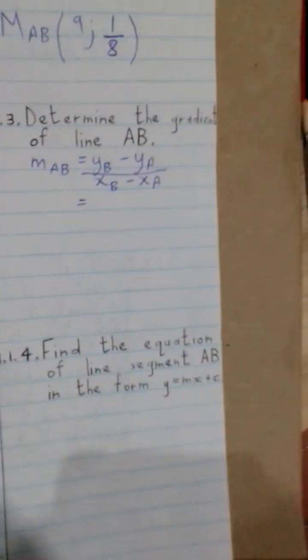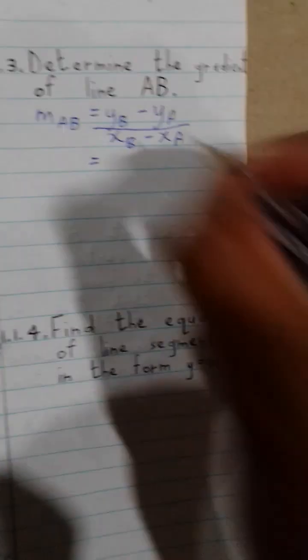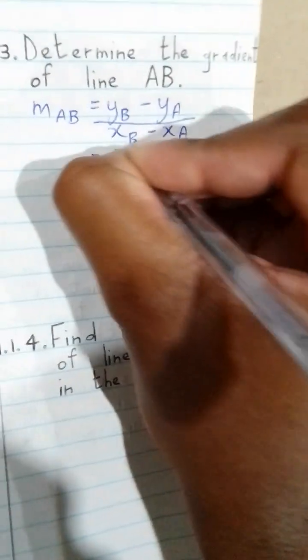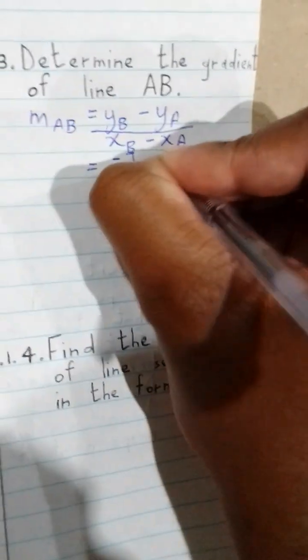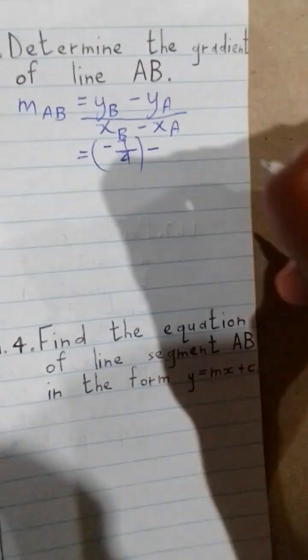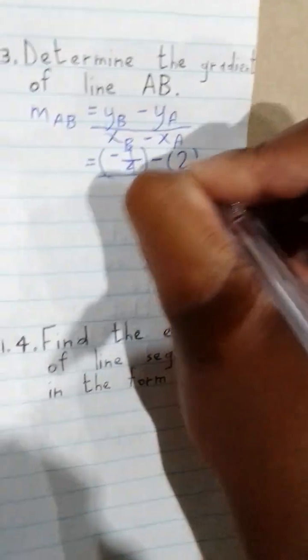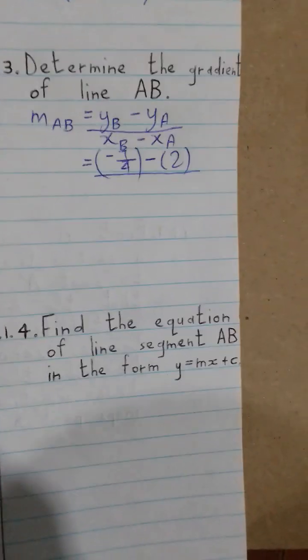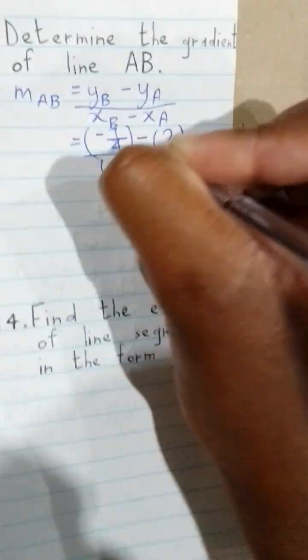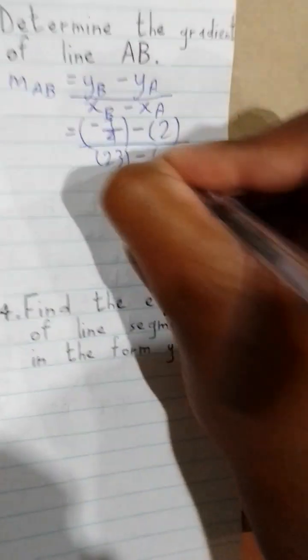What is y of B? Negative 7 over 4, minus yA, 2, over x of B, 23, minus x of A, negative 5.